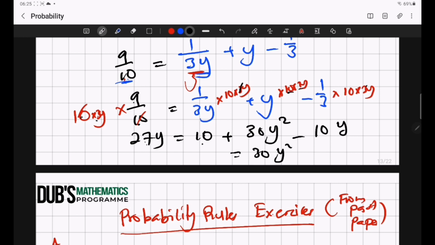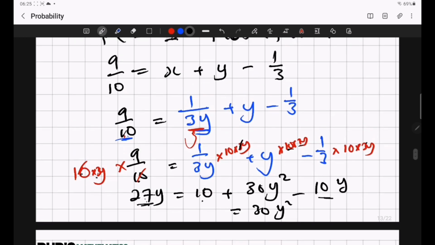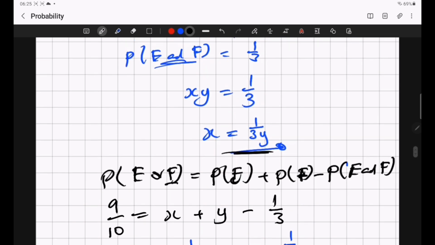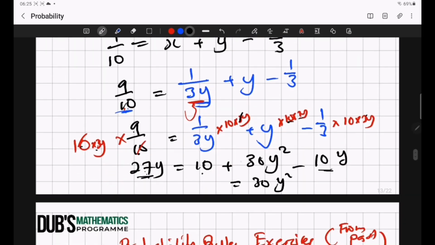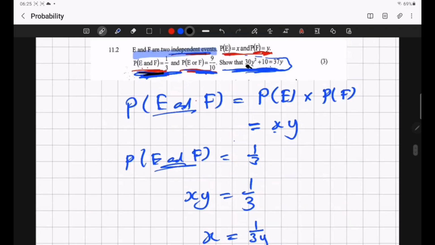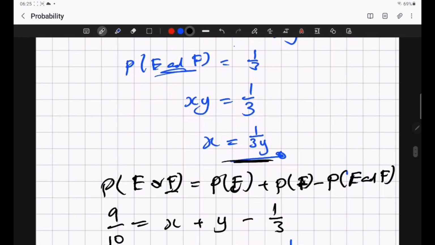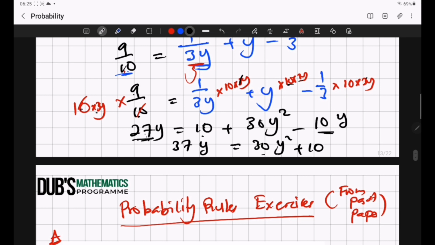So I'm sorry about that. So transpose the 10Y to the other side. You will get 27Y plus 10Y, which will give us 37Y. Then you've got plus 10, which is what they have here. 37Y is equal to that.